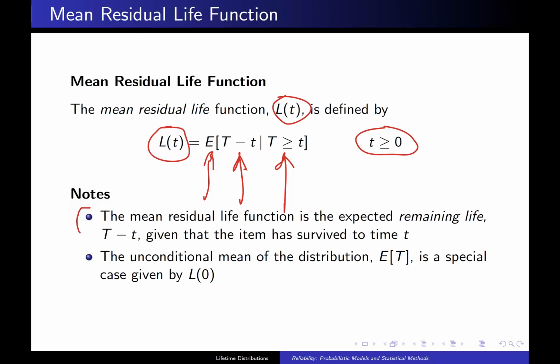On the notes here, the mean residual life is the expected remaining lifetime, which is T minus t, given that the item has survived to time t, which is the condition towards the end of the definition. If you put 0 as an argument into the mean residual life function, you get the unconditional mean of the distribution, the expected value of T. So the expected value of T is a special case of the mean residual life function.